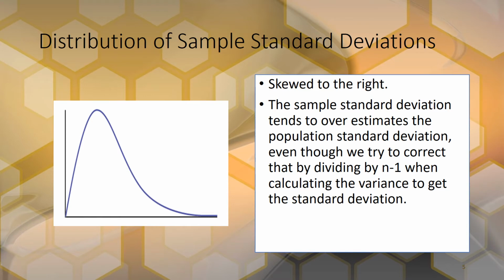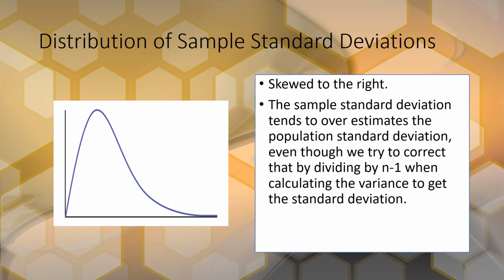But the t-distribution is going to look different, and that's because of the distribution of sample standard deviations. So this is the distribution of sample standard deviation, and it is skewed to the right. So what happens is that the sample standard deviation tends to, or a good amount of the time, underestimate the actual population standard deviation. So that's why we have more to the left here.